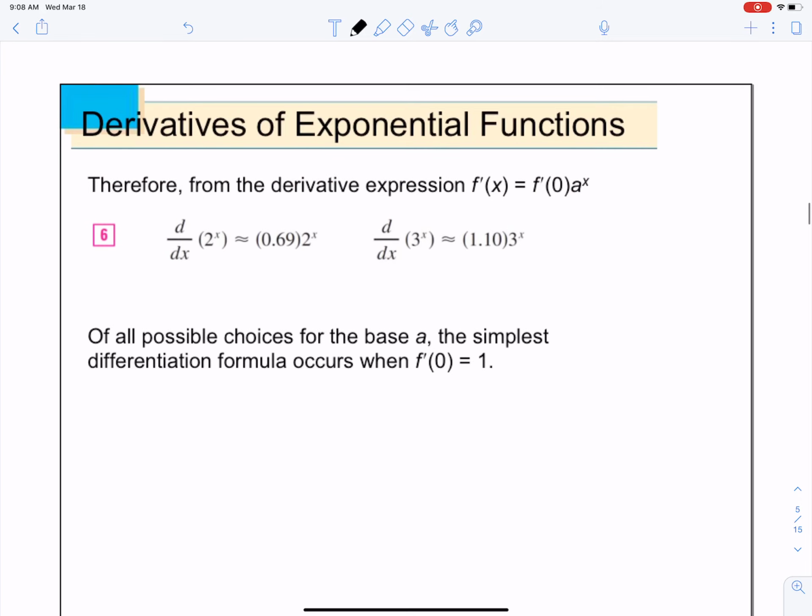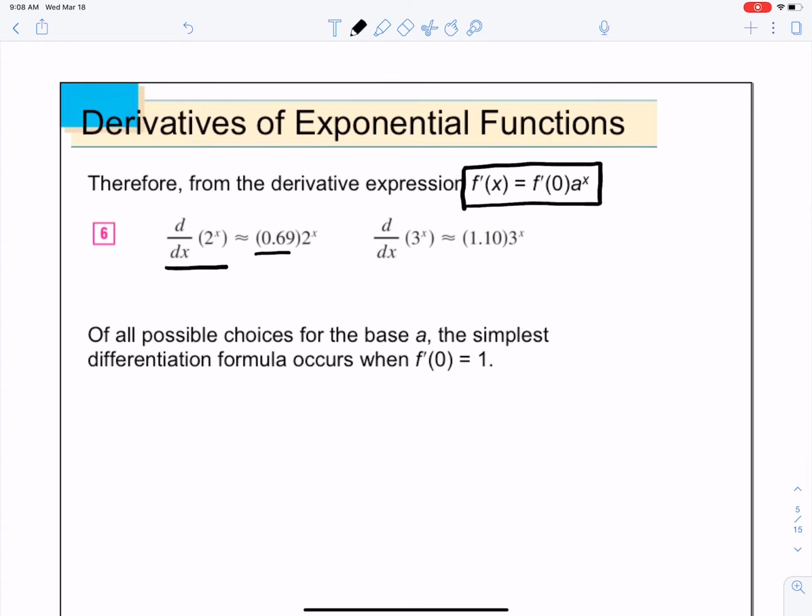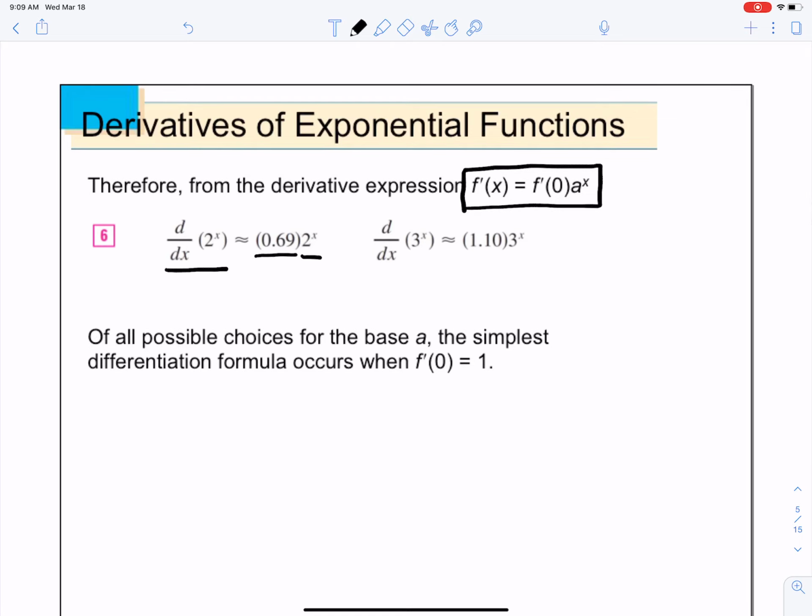So therefore, if we're trying to find the derivative using this expression for any exponential function, if I were to take the derivative of 2 to the power of x, this is going to be proportional to this approximate numerical value we got off the table times the function itself.